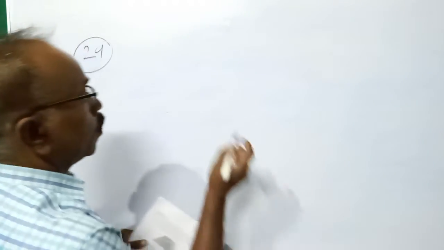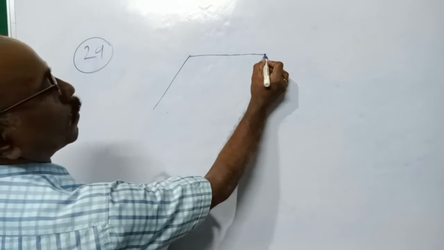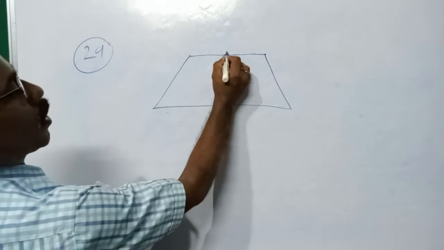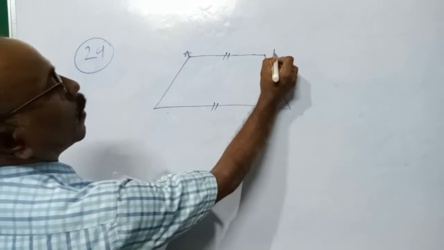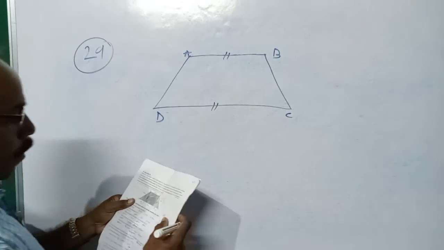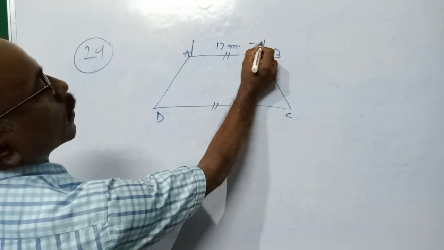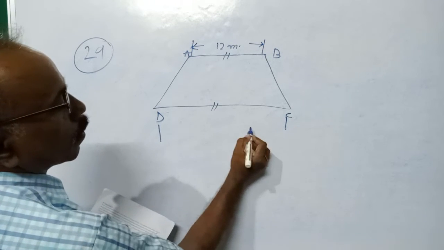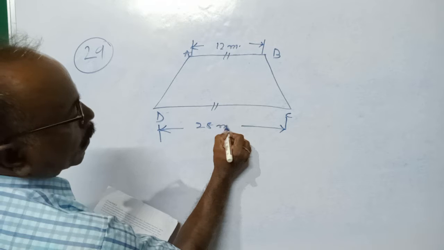My dear student, you see the diagram is like this. This is the required garden. These two lines are parallel, AB and DC. Am I clear? AB is equal to 12 meter. This is 12 meter and this is 28 meter.